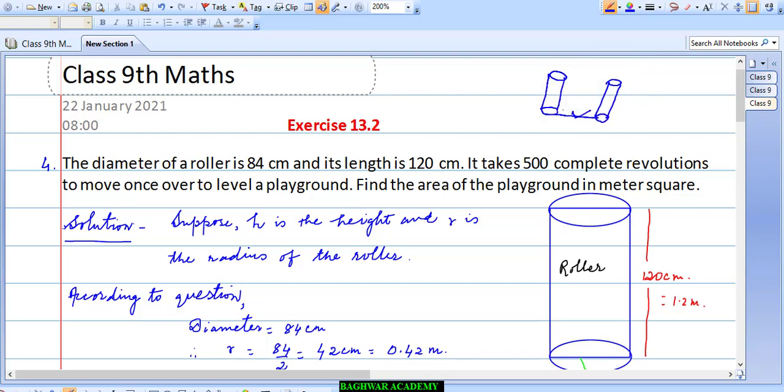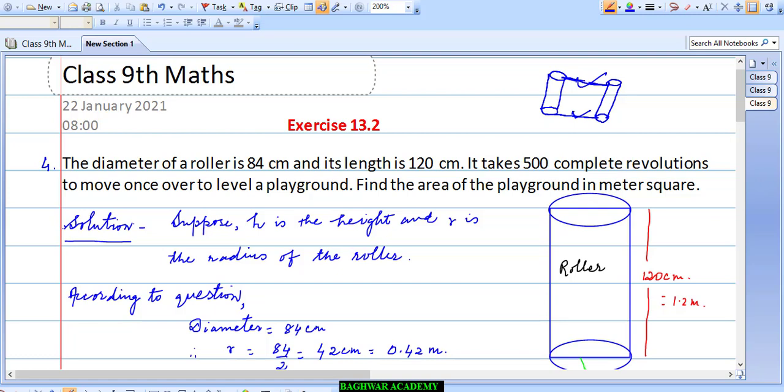So what distance has been covered? How will you know how much area it has covered? The lateral surface area of the cylinder will be the area covered in one rolling.